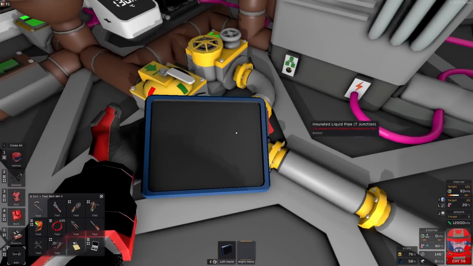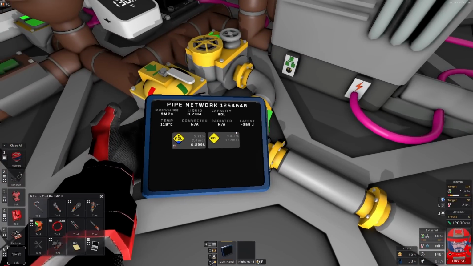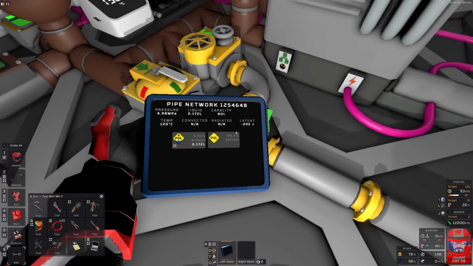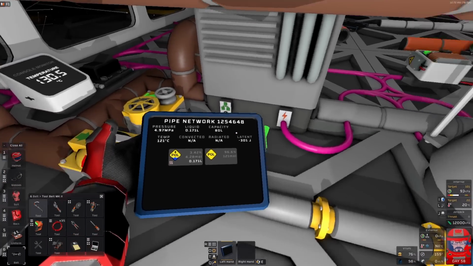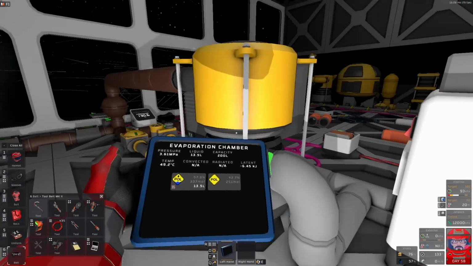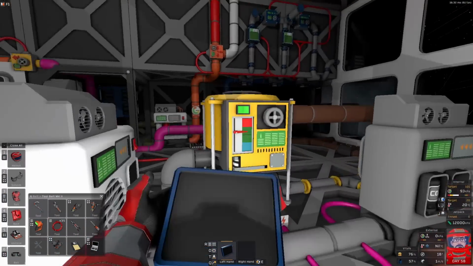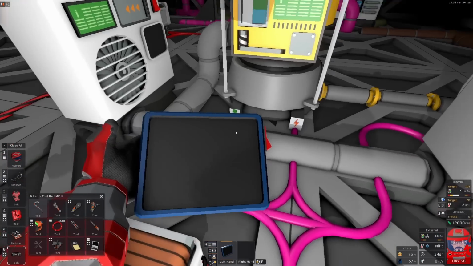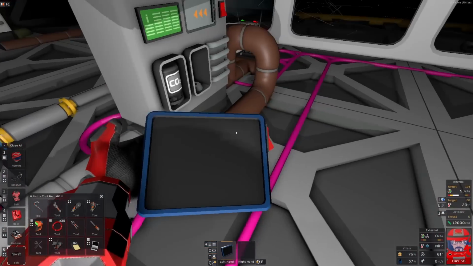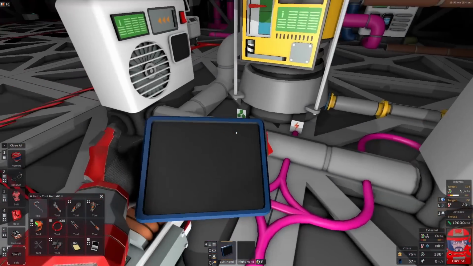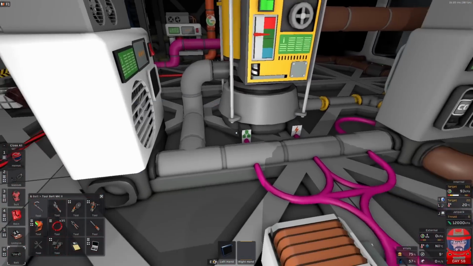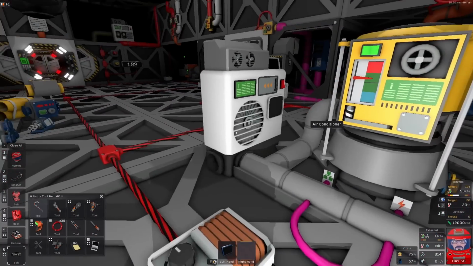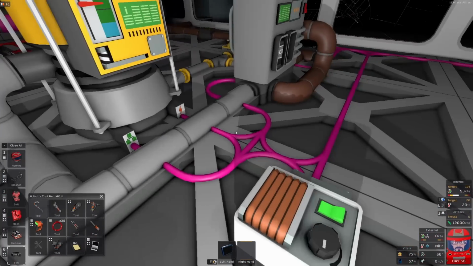So the lower energy state liquid comes into here, where it evaporates to drop to a lower energy state, and we're using that cooler liquid in here to then evaporate to an even lower energy state, which we're using to cool down the carbon dioxide, which we're going to blow into our base, and we can also use that for cooling our base.